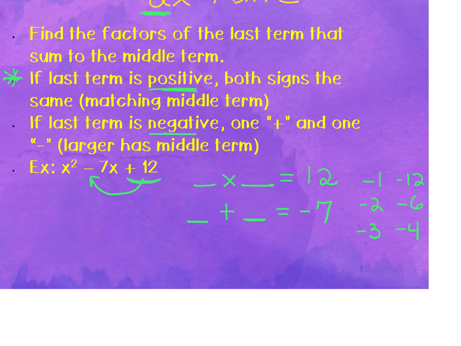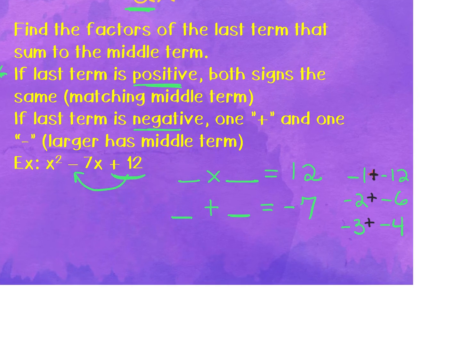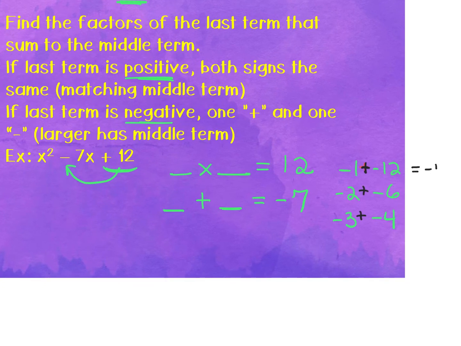Now, out of these three factors I just listed, I need to go back and figure out which one, when I add them, will give me negative 7? This one gives me negative 13. This one gives me negative 8. And then finally, the last one, this is the combination of factors that give me the middle term.